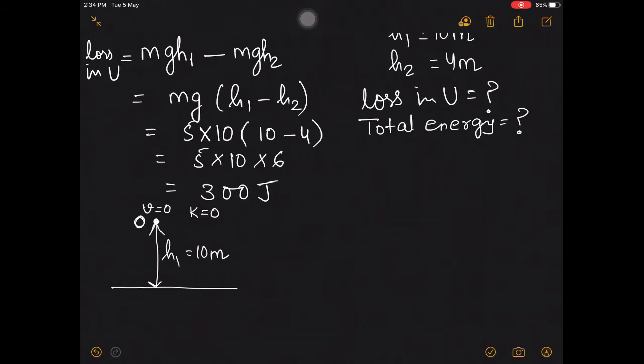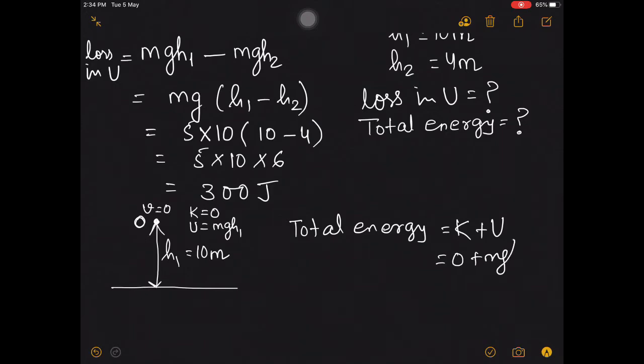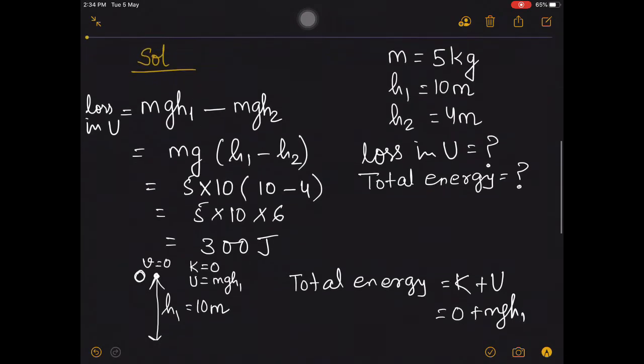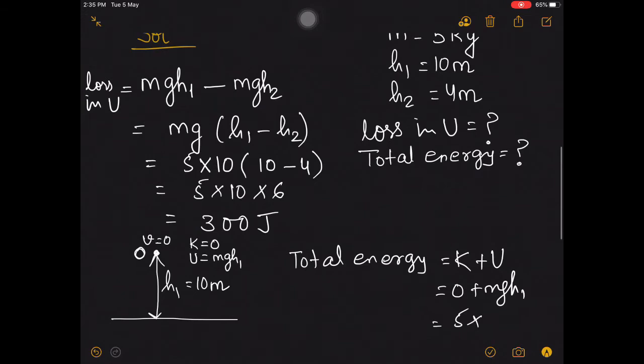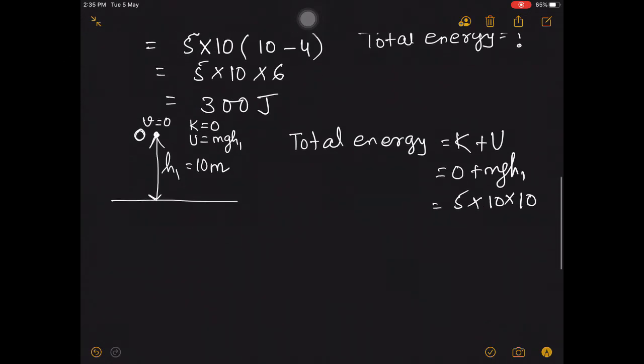Kinetic energy is 0, but yes, it has potential energy which is equal to mgh1, since it is at height h1. Now total energy will be the summation of kinetic energy plus potential energy. So 0 plus mgh1. How much is m? The m given in the question was 5 kg. The g value is 10 and h1 is also 10. So the total energy possessed by the body at any instant is 500 joule.